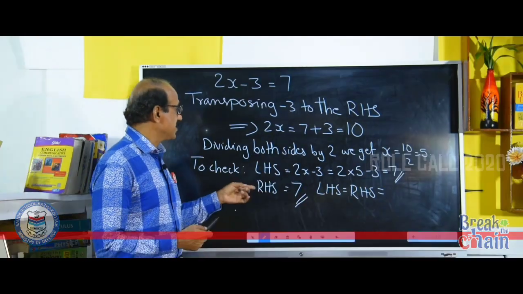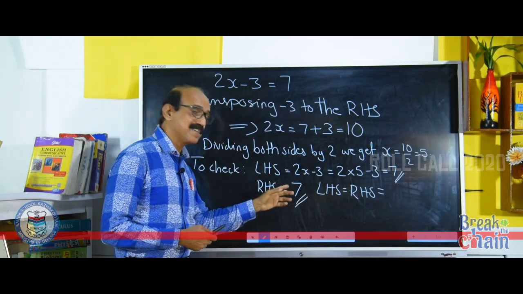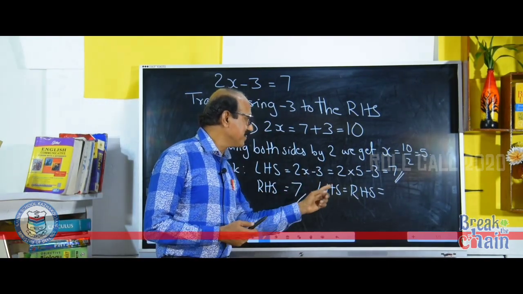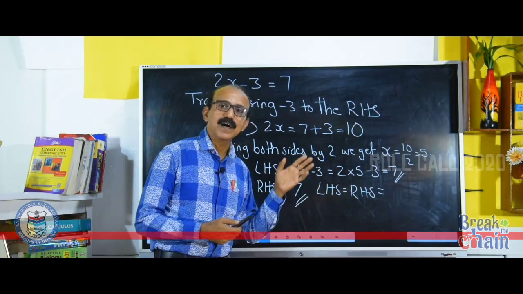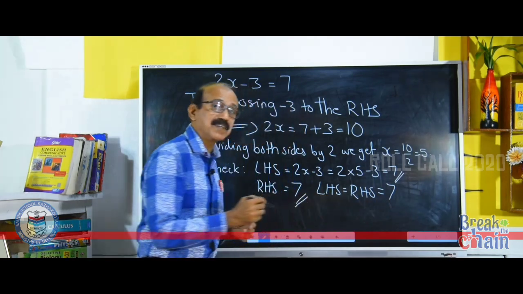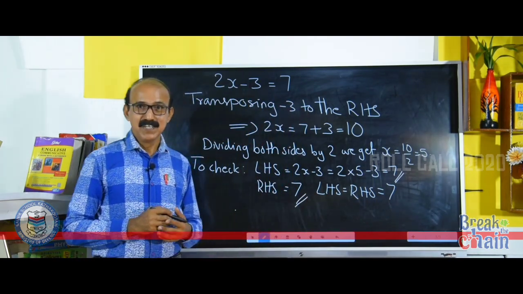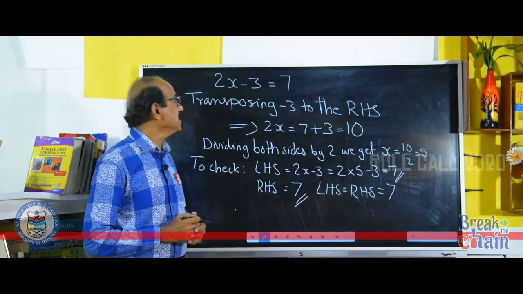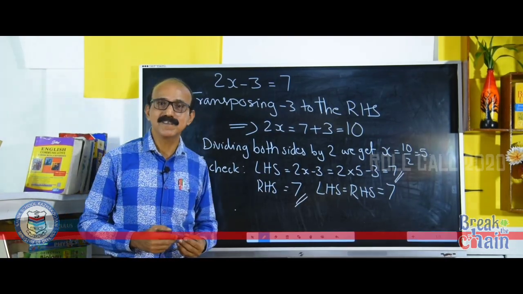Now see its RHS. The RHS of the given equation itself is 7. So what we understood, our LHS and RHS values both equal to 7. It shows that the answer which you have received is correct. So x equal to 5 is the correct solution of the given linear equation 2x minus 3 equal to 7.